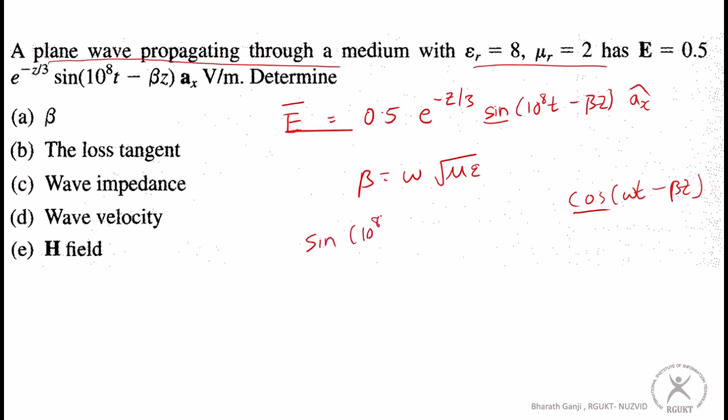sine of 10 to the power of 8 t minus beta z is nothing but cos of 10 to the power of 8 t minus beta z, I can say minus pi by 2. You can check, so that gives you the same number.